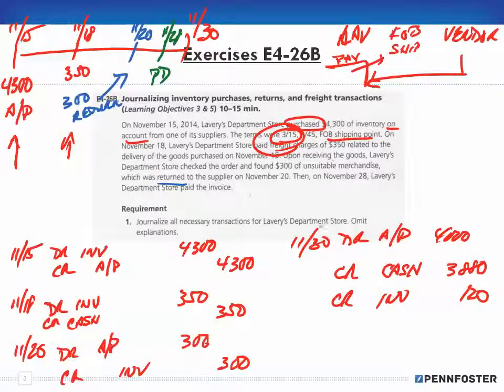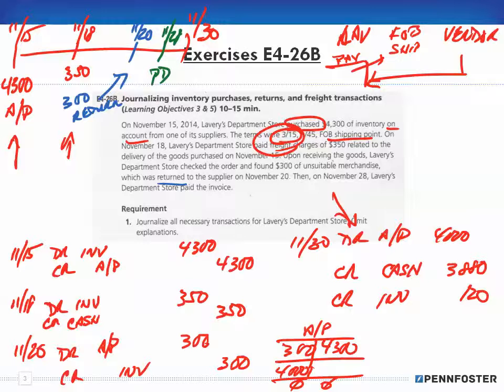So in figuring out how much we owe, if you created T accounts, you would have seen that you had an accounts payable here where you had a credit of 4,300, and then when you returned the item, you had 300 of returns. And that means you needed to debit accounts payable for an additional 4,000 in order to make your balance in that account zero, so it washes out. So we end up with this debit for accounts payable. Now, debits have to equal credits, so we have to credit something else. Well, we're going to pay cash, but we're not paying the full amount.